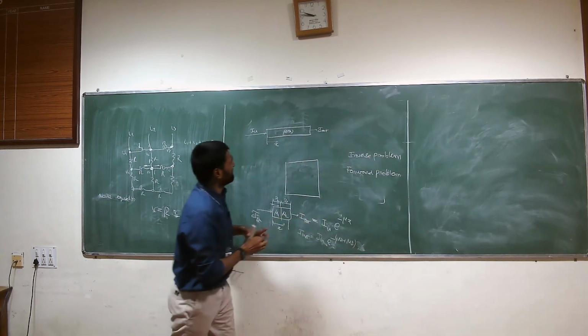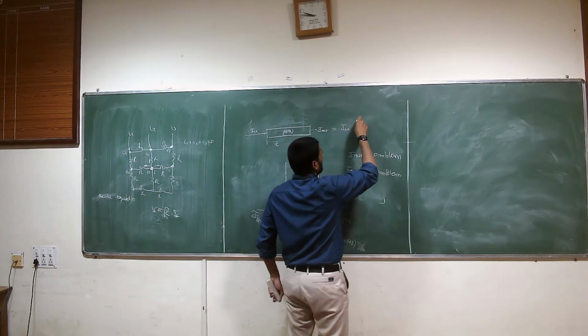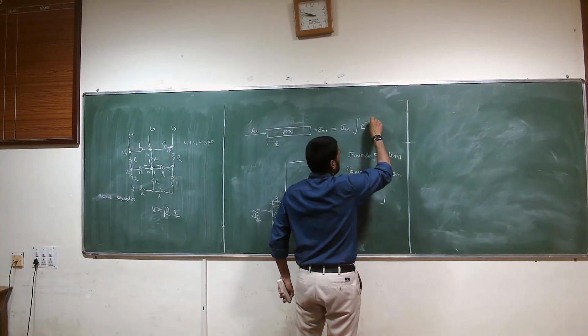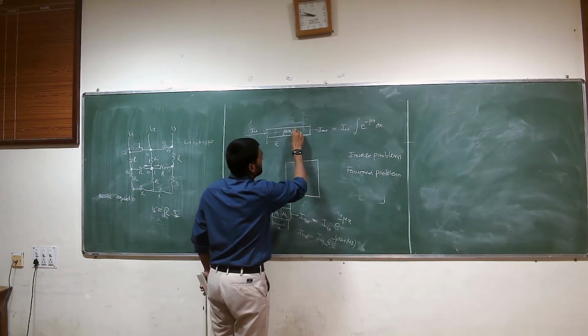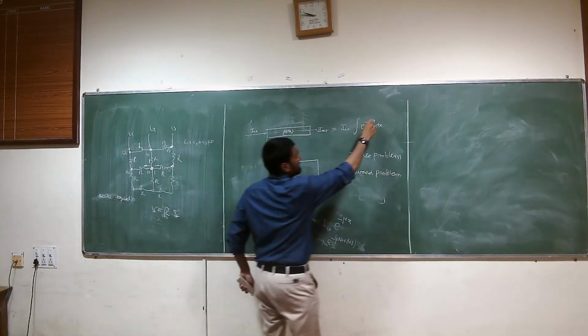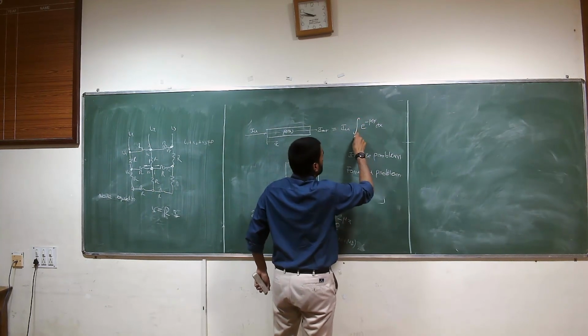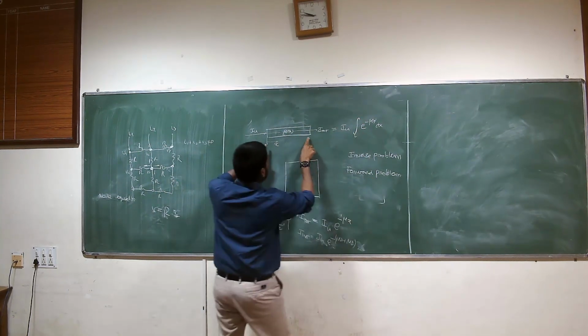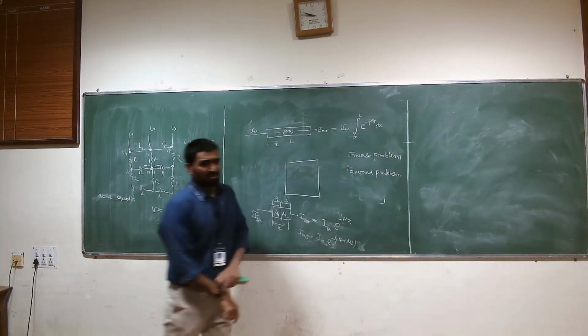So what will come out is I in, which is anyway fixed, times the integral of e to the power minus mu of x dx. So you'll have to integrate along the path of your X-ray. If this is of length L, this will be from 0 to L.